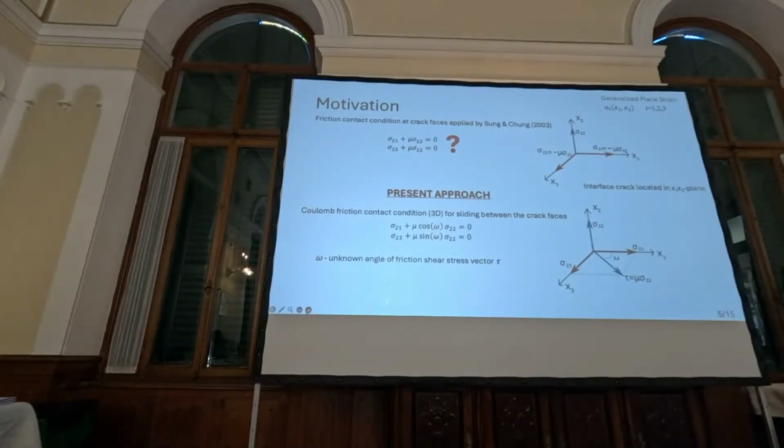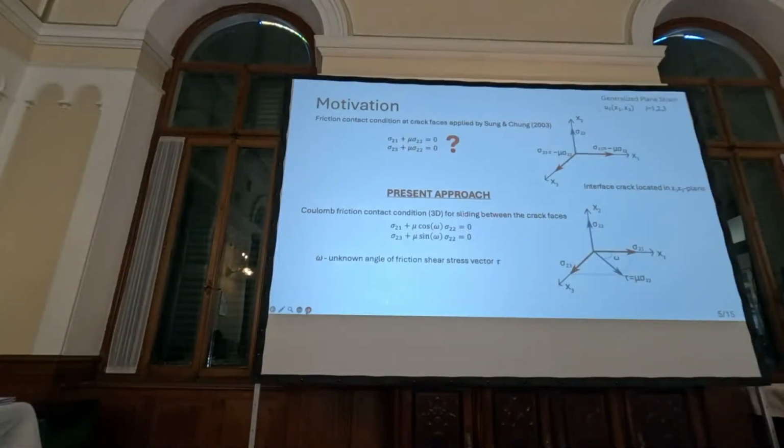In the Sung and Chung work, they consider particular friction sliding conditions. They consider just a friction shear stress vector either perpendicular to the crack front or parallel to the crack front. If this assumption were correct for the problem, they obtain a correct solution. But if this assumption were not correct, the solution was not correct.